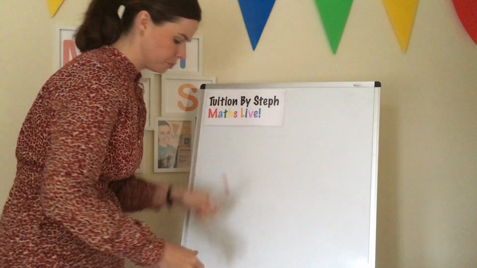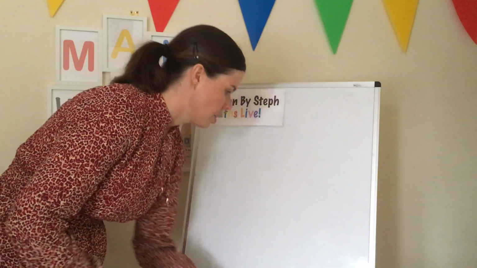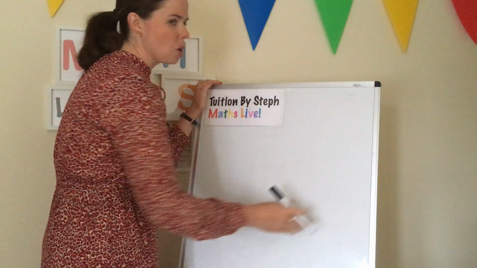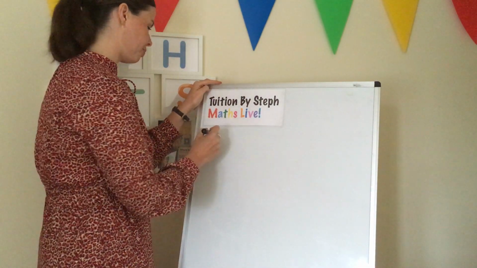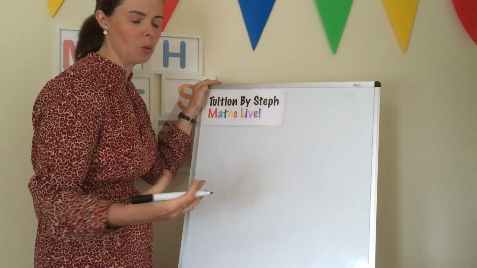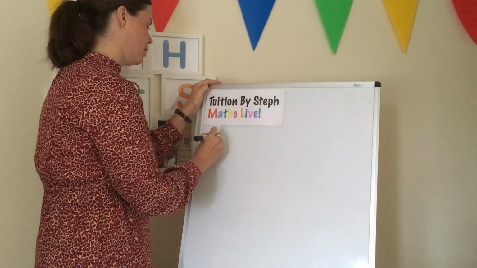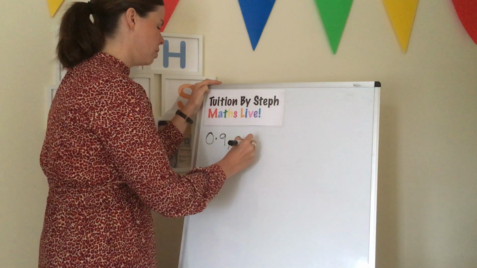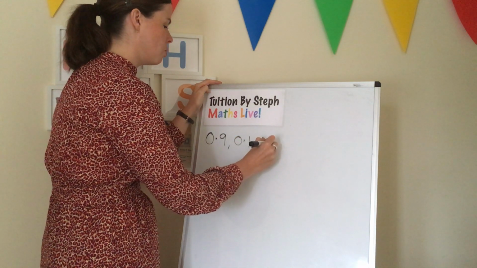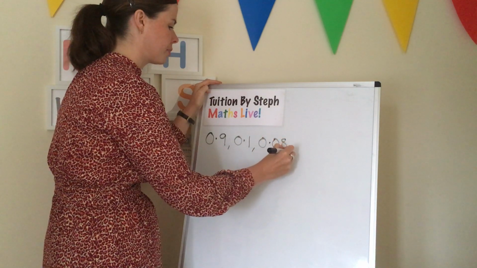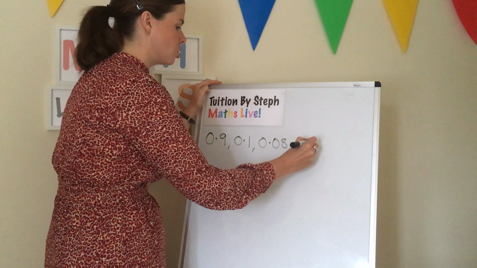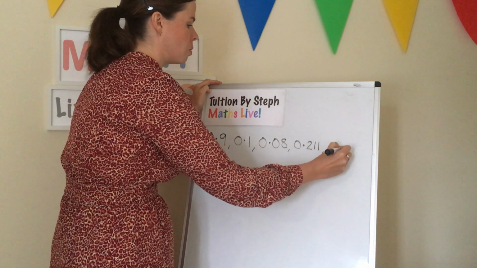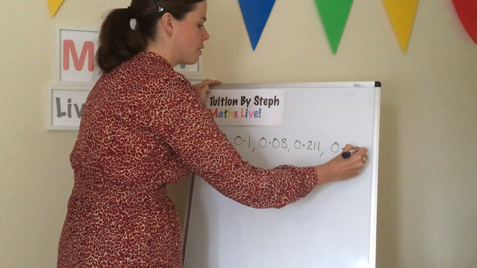Ordering decimals. So imagine I'm just going to do one where they all start with 0 point, because obviously we've been doing whole numbers already. So I'm going to put 0.9, 0.1, 0.08, 0.211, 0.037.